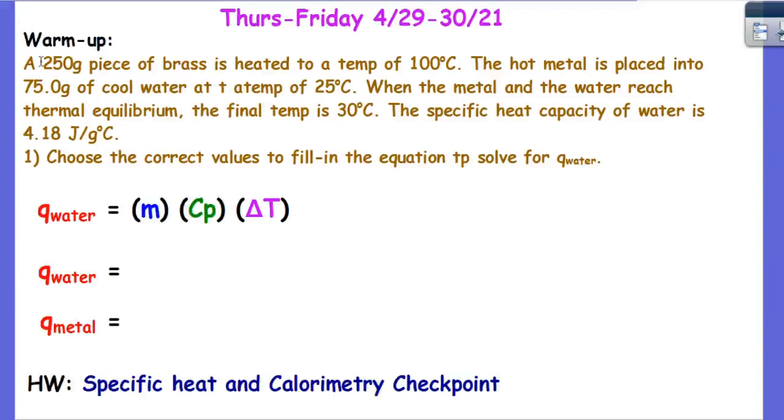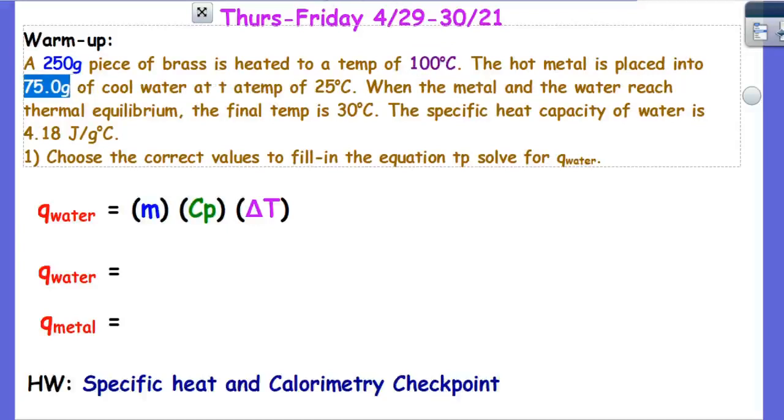I have a 250 gram piece of brass. Well, 250 grams, that's a mass, so I'm going to change that color to blue, is heated to a temperature of 100 degrees Celsius. Temperatures are purple. The hot metal is placed into 75 grams of cool water.